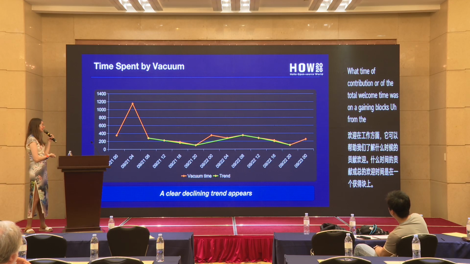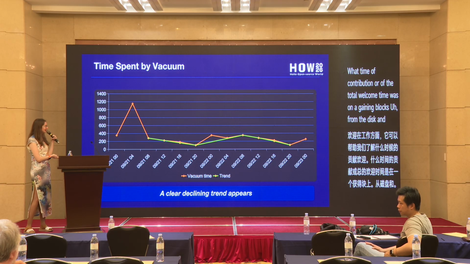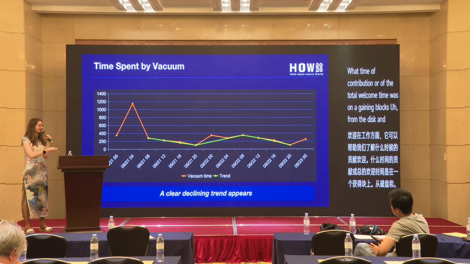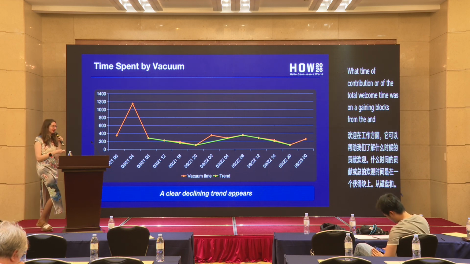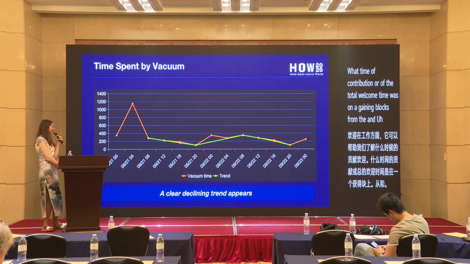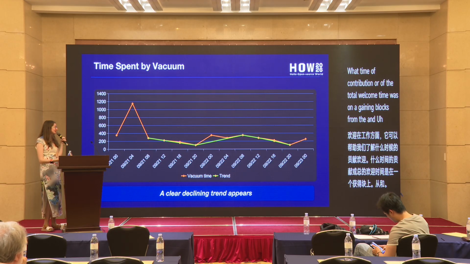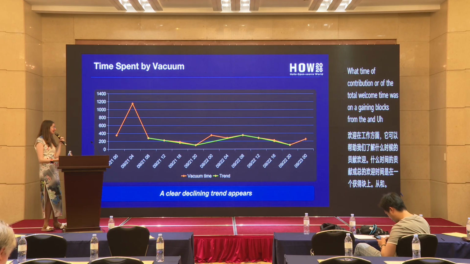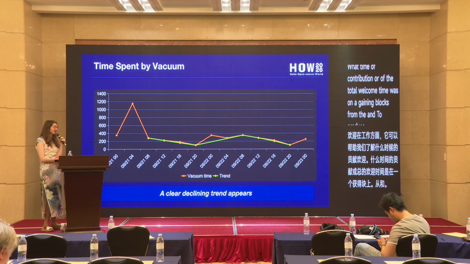For example, you can notice that despite the peak, it means that the vacuum operation has finished, and because of this peak, in the rest of the time vacuum is almost silent. It did not spend a lot of time to process our tables, and mostly it happens on weekends.